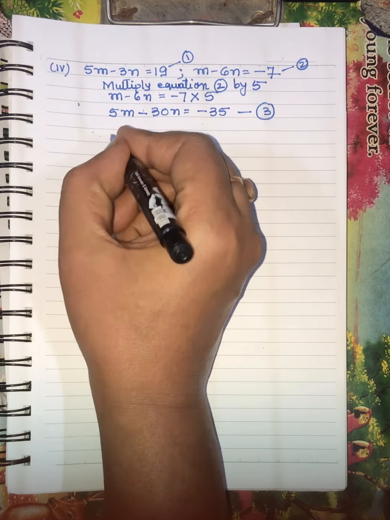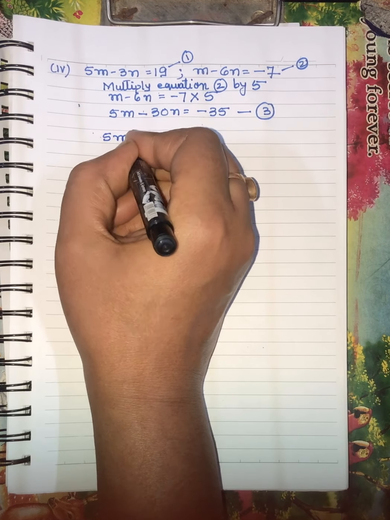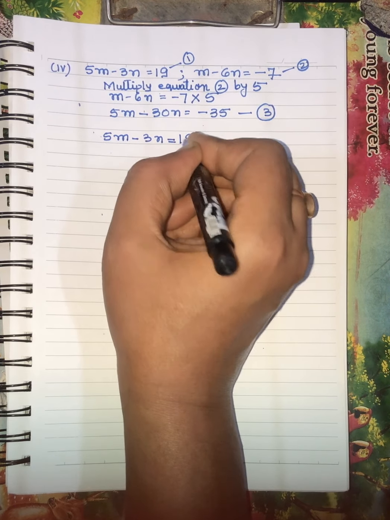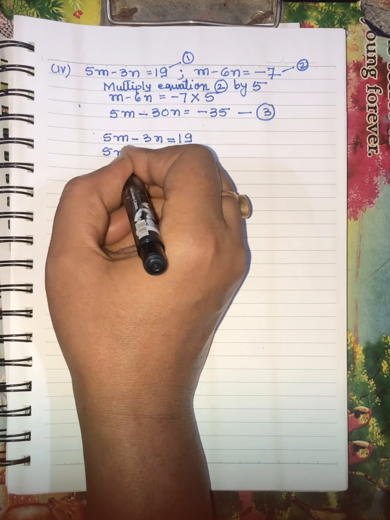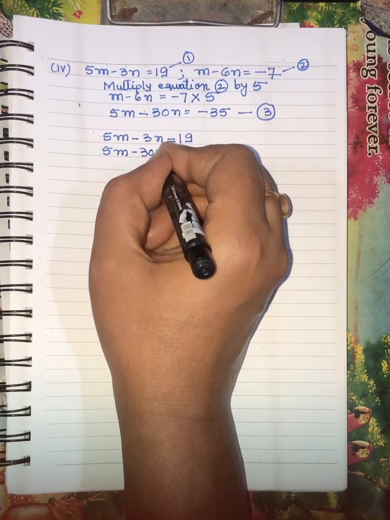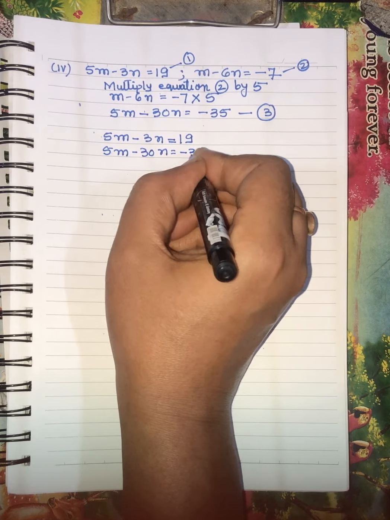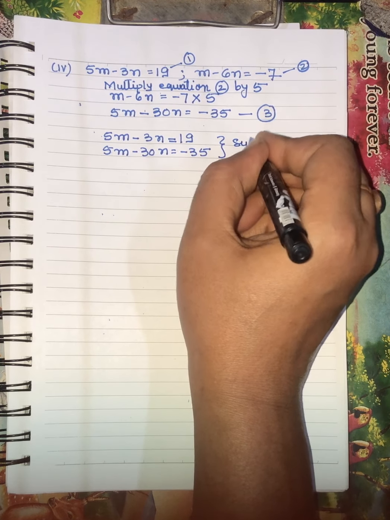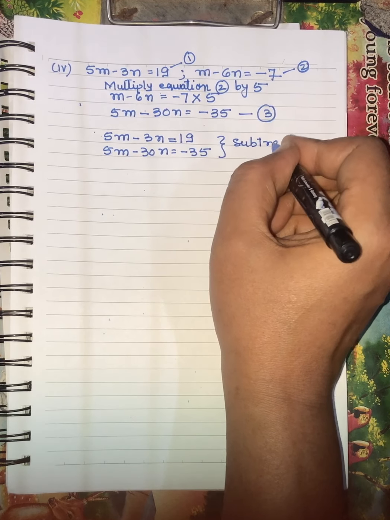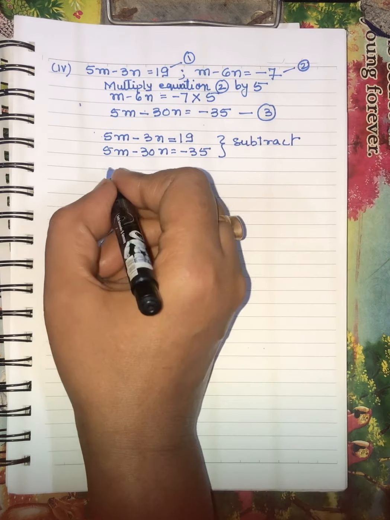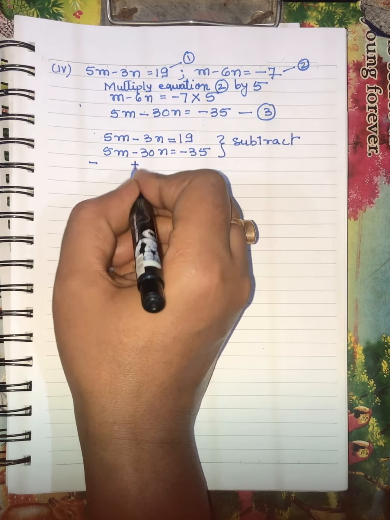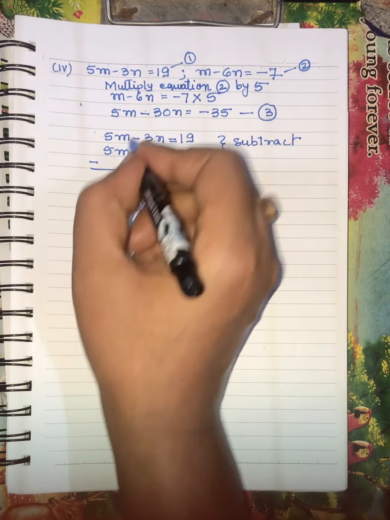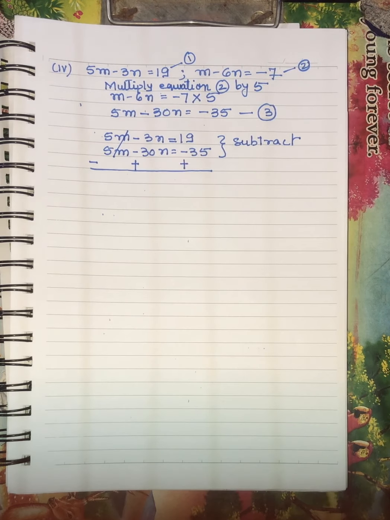So now write equations 1 and 3 one under the other. 5m minus 30n is equal to minus 35. And children, subtract because you want to change the signs. So change of signs will give you the cancellation of 5m.